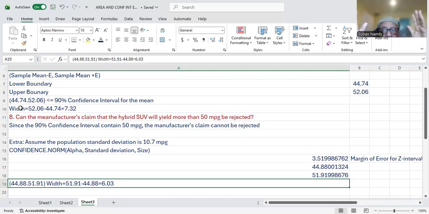To get the lower end and the upper end, you subtract the margin of error from the mean miles per gallon, and add it to get the upper boundary. So Excel basically gives you the margin of error, and you get the two ends of the interval by subtracting at the lower end and adding at the upper end.